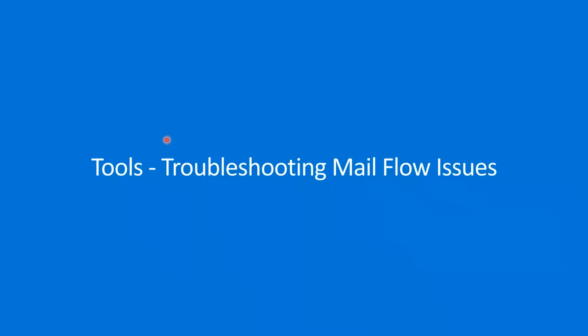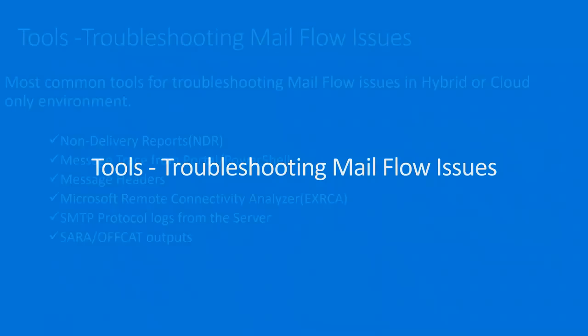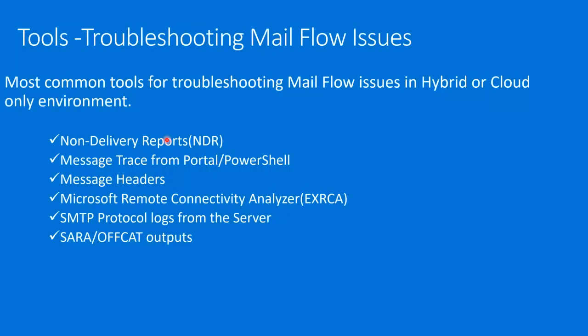So we just saw how connectors come into play, what the different types of connectors are, and when they will be used under different scenarios. We'll move on to see what are the few basic troubleshooting tools, or the methods that we can use to identify what is happening with a specific email or a set of emails. So the first important thing is the NDR.